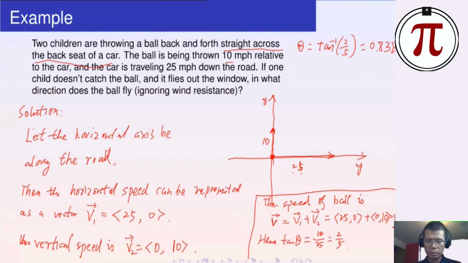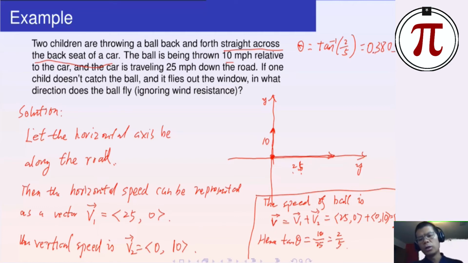Okay, I got 0.3805. I see. Sorry, my bad. 0.3805. Okay. So that is the angle, right?